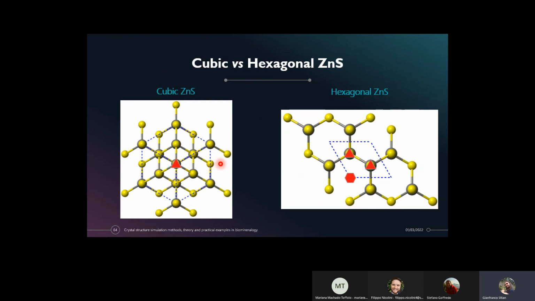And also here you can see by orienting the crystals, we can see that there is a ternary axis, whereas the hexagonal zinc sulfide polymorph wurtzite has two ternary rotation axes and a hexagonal rotation axis, a six-fold rotation axis at the center of the unit cell.